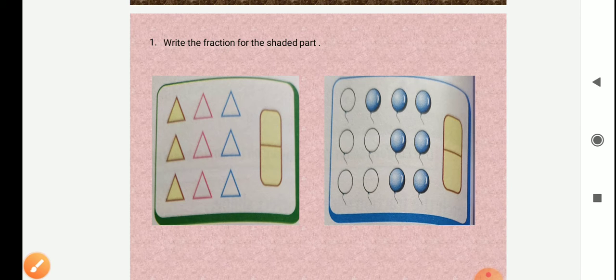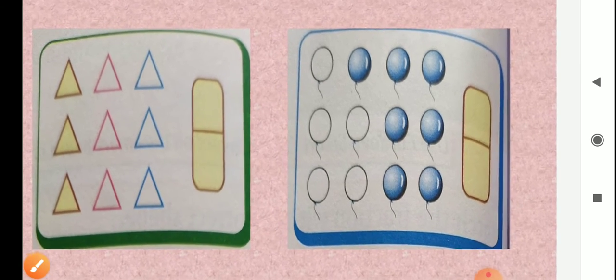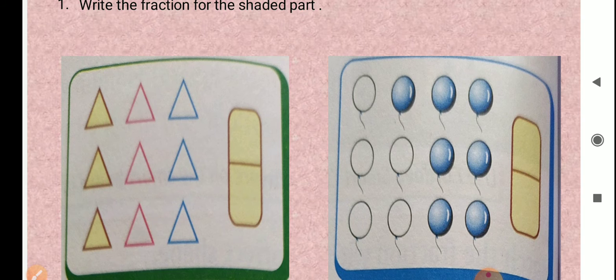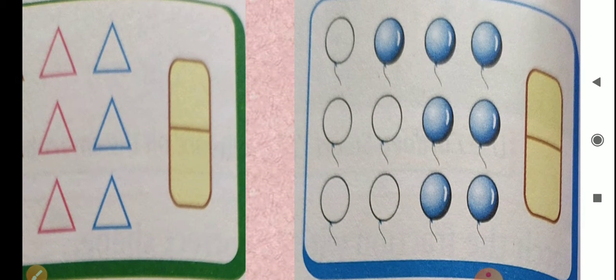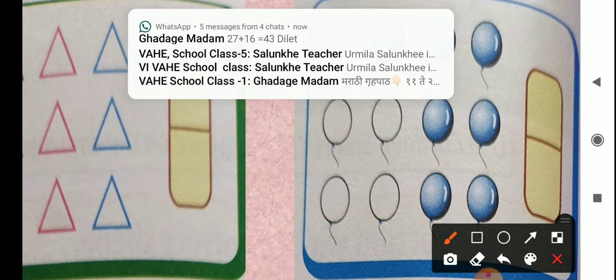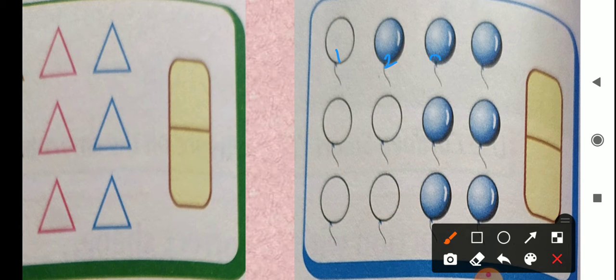Okay, now see the next figure. If you observe the second figure, this is the figure of balloons. How many total balloons are given here? 1, 2, 3, 4, 5, 6, 7, 8, 9, 10, 11, 12.